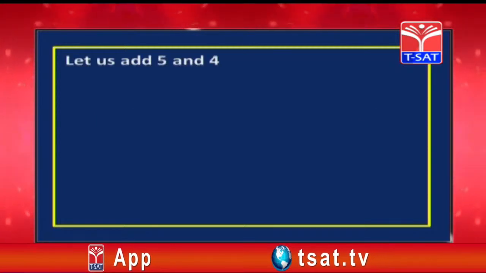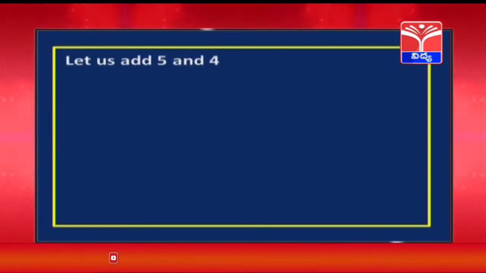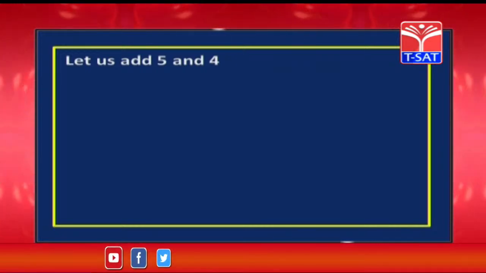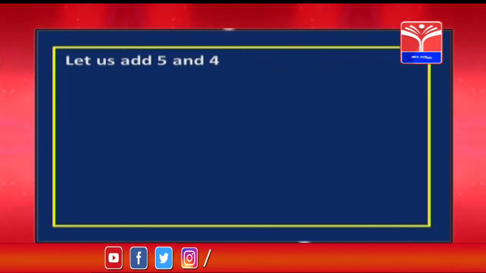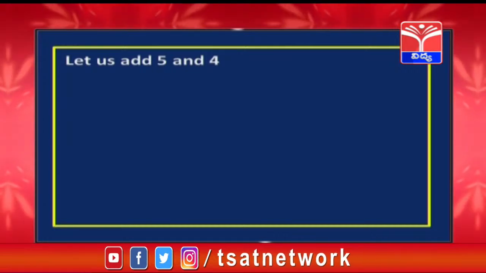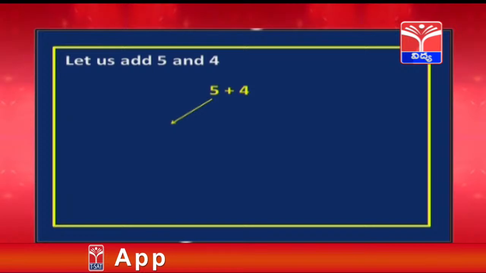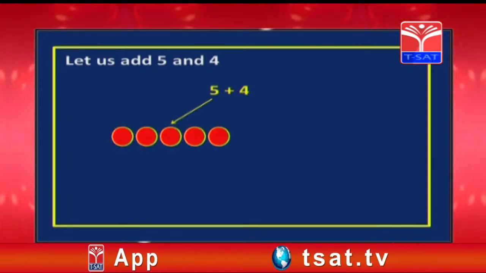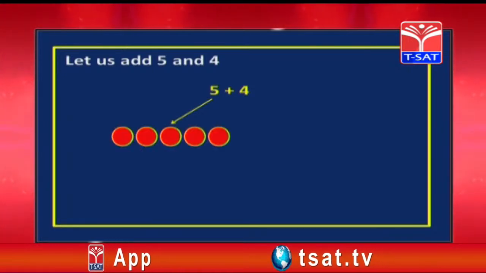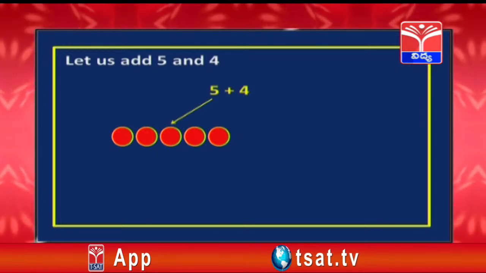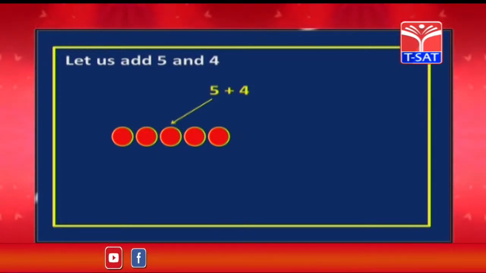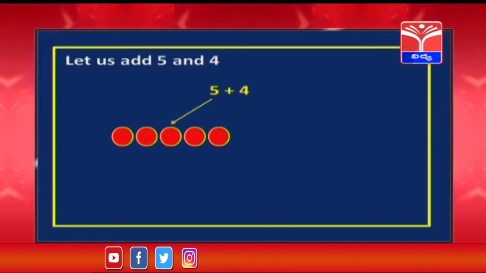So let us take a first example. We are going to add 5 and 4, and notice children here 5 and 4 both are positive integers. Now 5 plus 4. Now since we have +5, it is denoted by 5 red coins, isn't it children? Then similarly we have +4, again it is a positive integer. So what do we represent children?